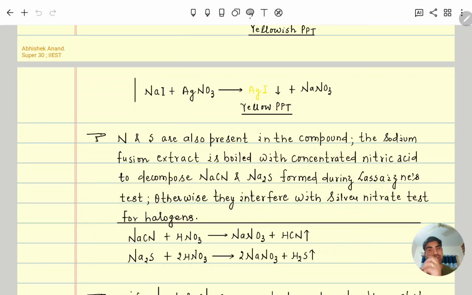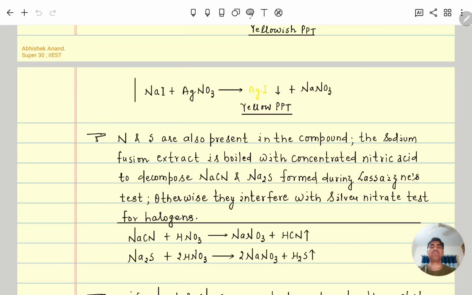Along with the halogen, the nitrogen and sulfur would create hindrance in the test because they react with AgNO3.